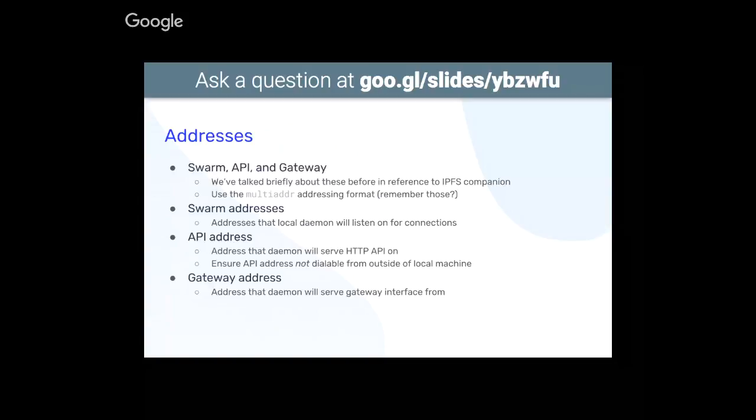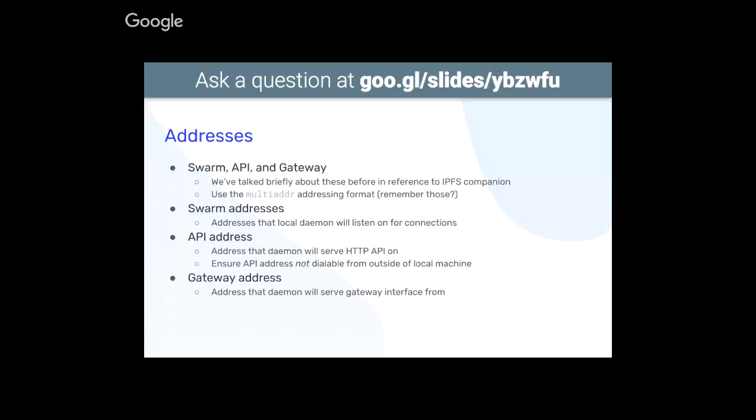Otherwise, bad actors could modify your peer or even pin files that you may not want pinned, or do nasty things that you probably don't want. So you want to be pretty careful about what address that runs on. By default, it runs on localhost and not a port accessible from outside of your machine. But in some cases, you may want to enable a slightly more public API address, and I'll talk about that in a little bit in the context of what you might want to do that.